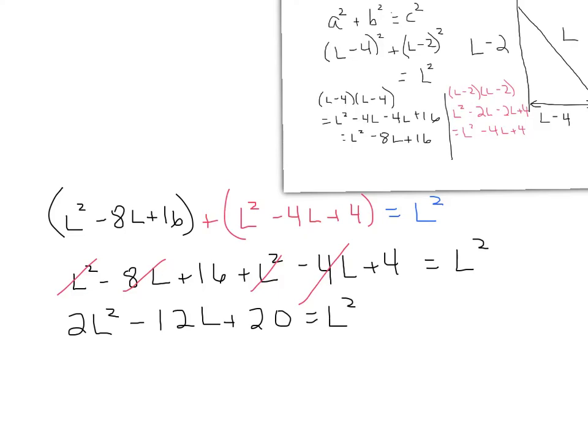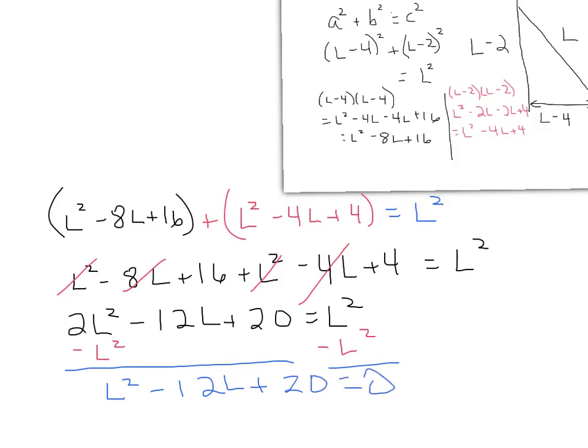Equals L², and we want something equal to 0, so we're going to subtract L² from both sides. And so that gives us L² - 12L + 20 = 0.